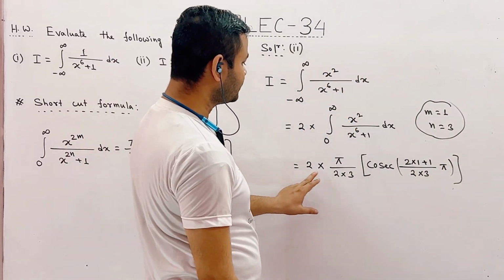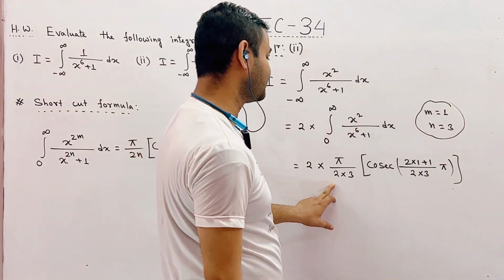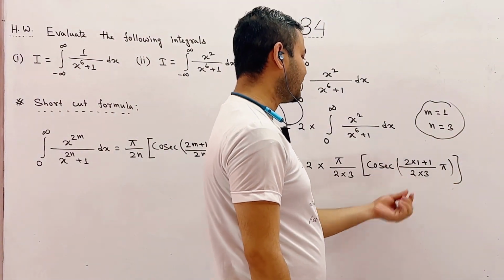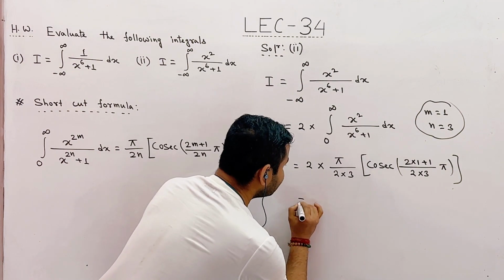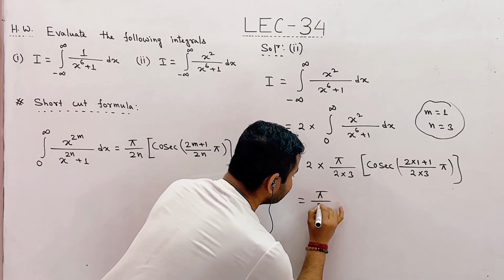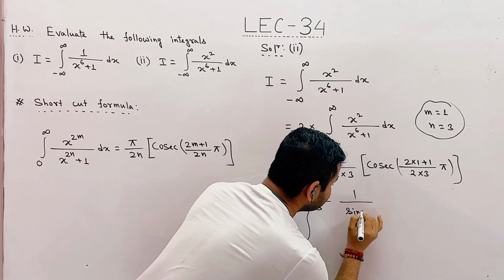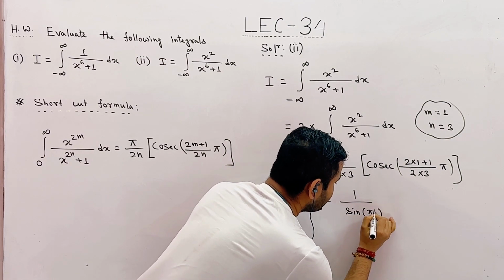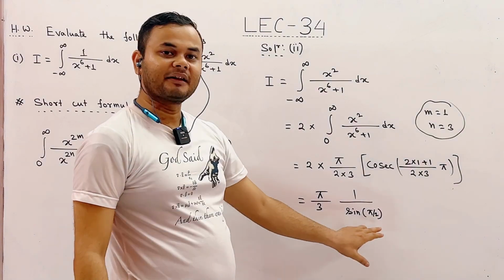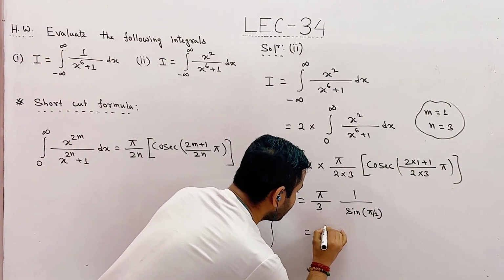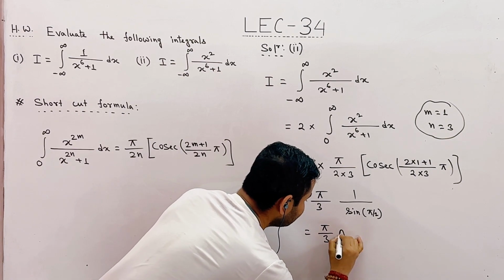Here 2 and 2 will be cancelled out, and after simplification this term will become cosec pi by 2. So, finally, we will get pi divided by 3 cosec pi by 2, which is 1 by sine pi by 2. We know that sine pi by 2 value is 1. So, 1 into pi by 3 value is pi by 3. So, this is the answer.